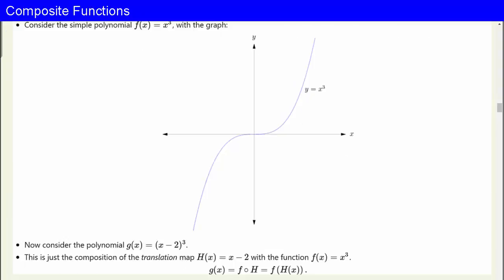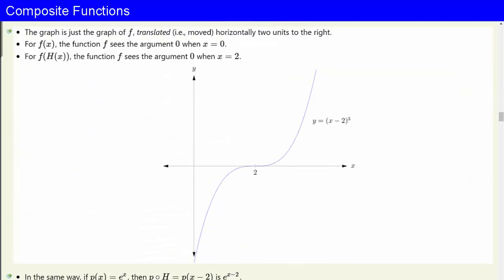This is just the composition of the translation map h of x equals x minus 2 with the function f of x equals x cubed. That is, g of x is just f composition h, or if you prefer, f of h of x. The graph is just the graph of f, translated, i.e. moved, horizontally 2 units to the right.